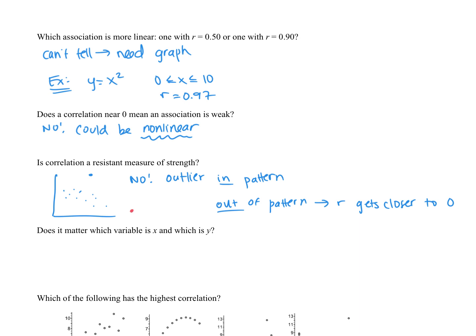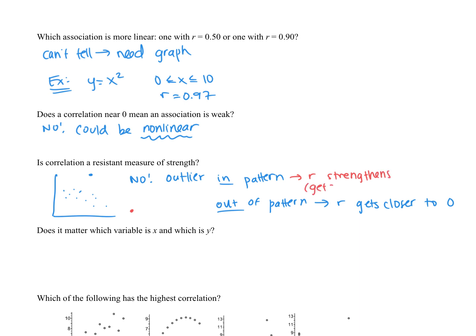Now, if I put a point down here in red, that one is an outlier still because it's away from all the data, but it follows the pattern. So it follows the pattern, but it's far away from all the data, so it is going to have a pretty big influence. Because it is in the pattern, R will strengthen.